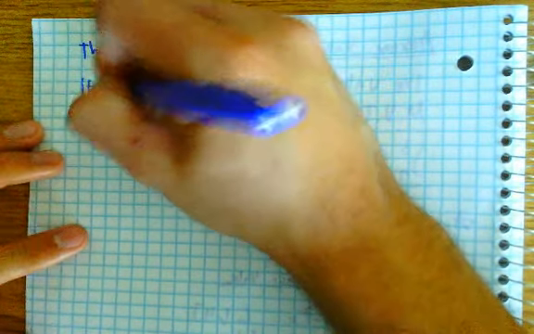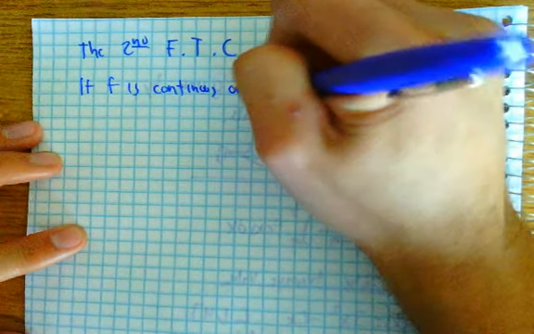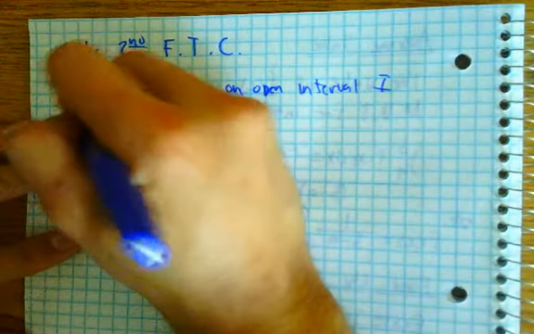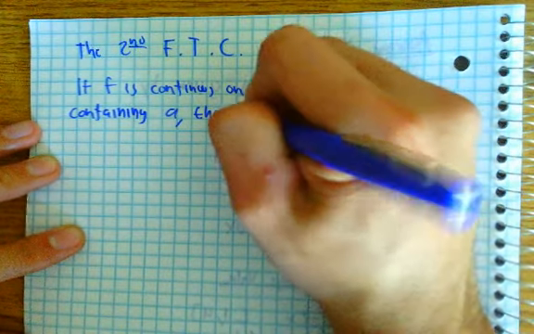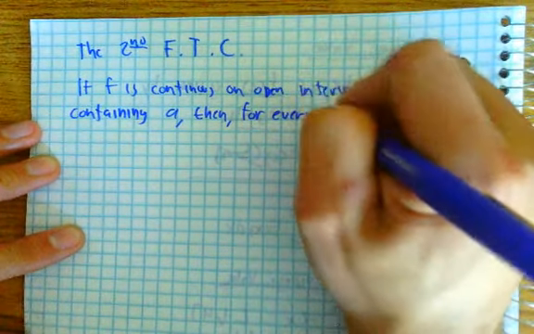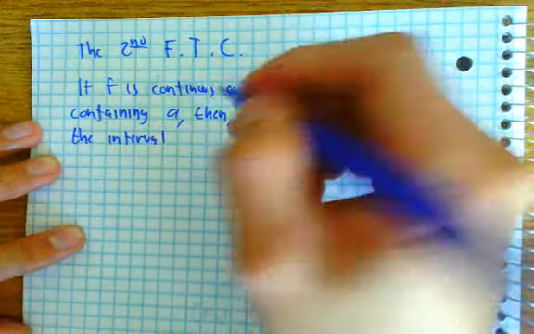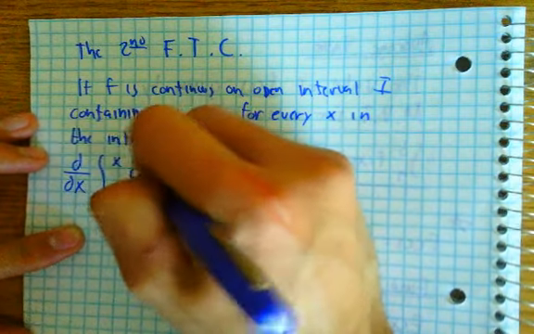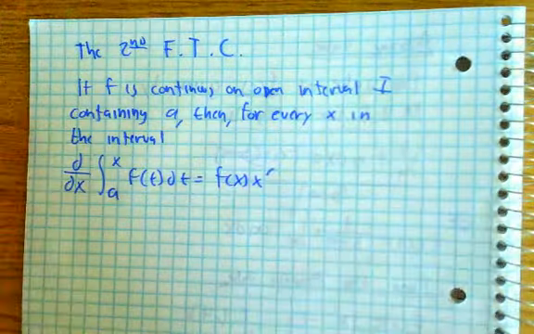If f is continuous on an open interval I containing a, then for every x in the interval, the derivative in terms of x of the integral from a to x of f of t dt is equal to f of x.